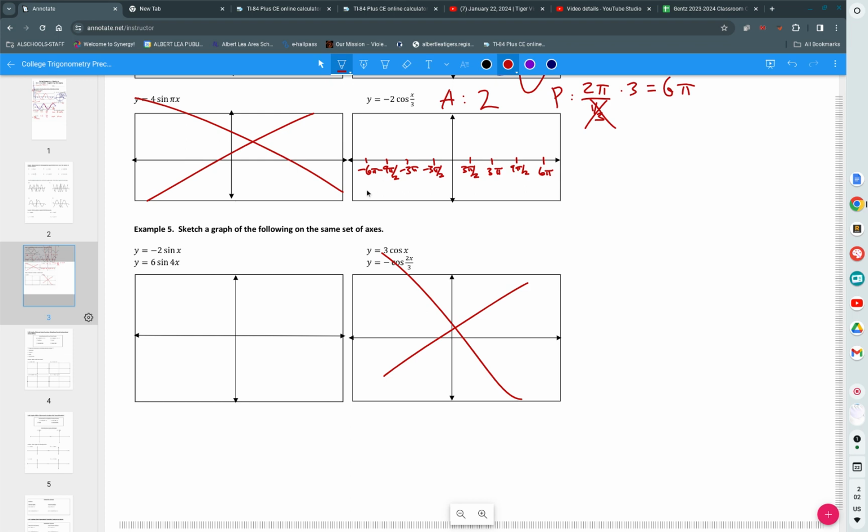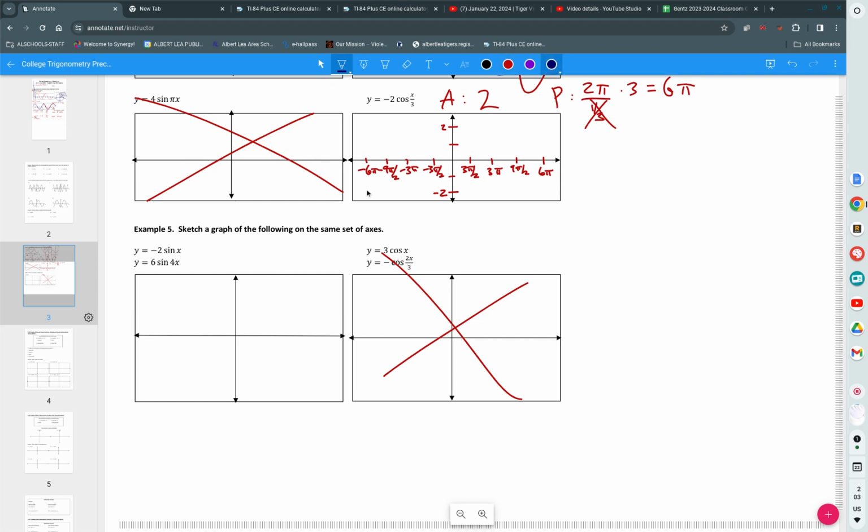All right, I'm going to mark off 1 and 2, -1, -2, and this is the cosine graph. So remember, cosine likes to start up at the maximum. But if there's a negative, what's that going to do? It's going to flip it to start at the minimum.